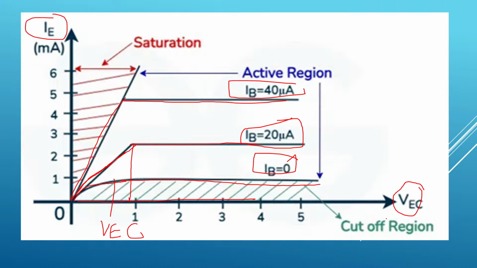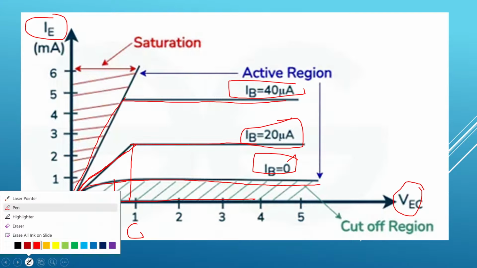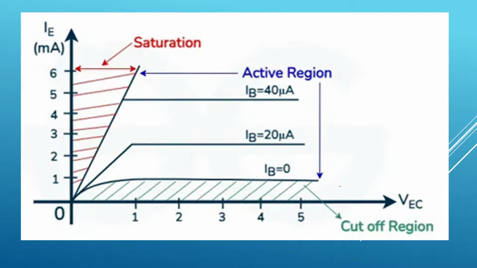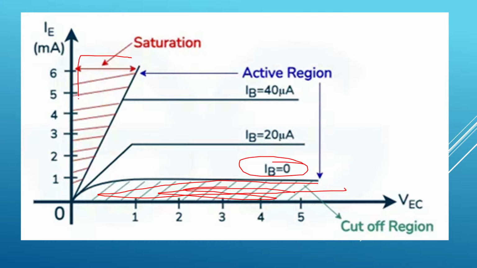For the characteristics that you get for IB equal to 0, the region below it you call the cutoff region, because IB is already 0 and you don't require any value below that. The region where characteristics are not obtained here you call the saturation region.